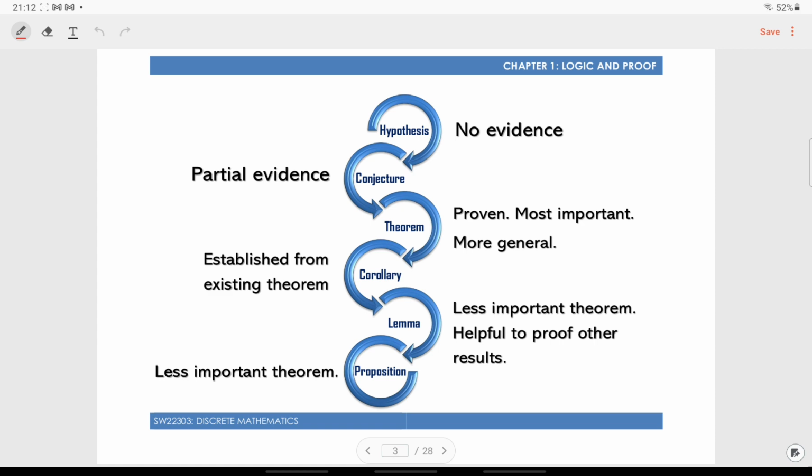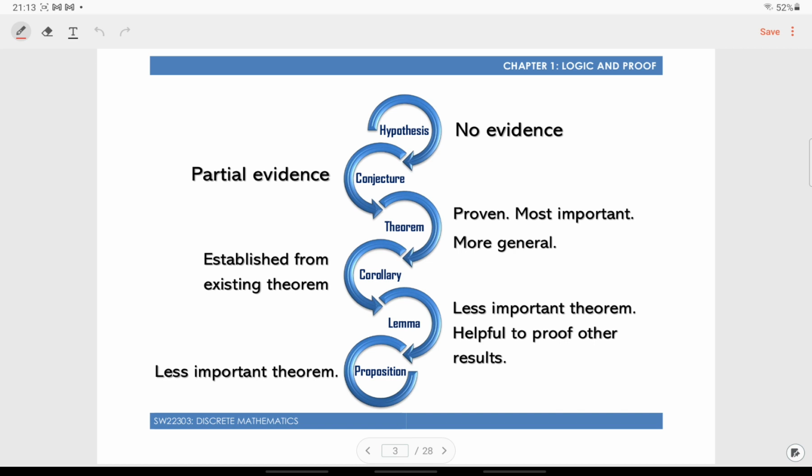A theorem is a proven mathematical statement, so it is the most important statement of fact in mathematics. It is also more general compared to the corollary, lemma, and proposition. A corollary is a theorem that is established from an existing theorem.